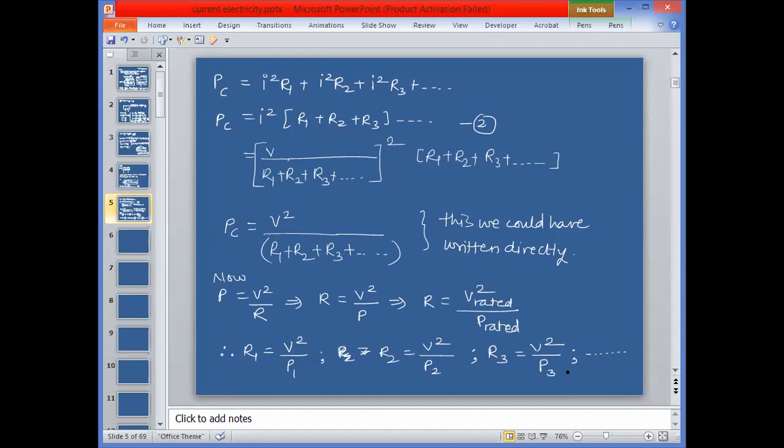Up to this, reply me in the chat box, clear and written. Everyone fast. We are almost at the answer. Now we are going to just put the values of R1, R2 and R3, then we'll get the answer. Check everyone.